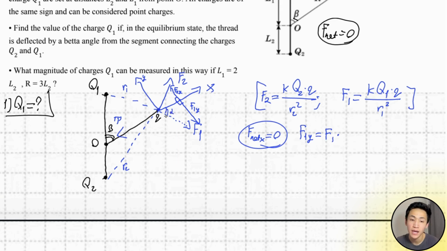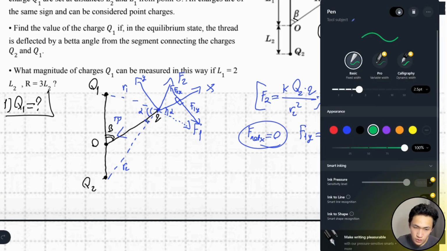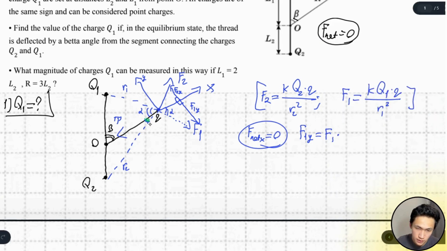alpha. Let it be alpha, but we don't know alpha, and according to geometry, it's also alpha here. There is also angle gamma, according to geometry.